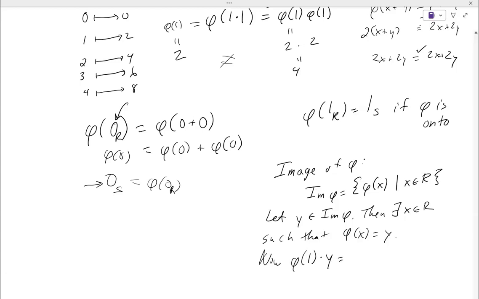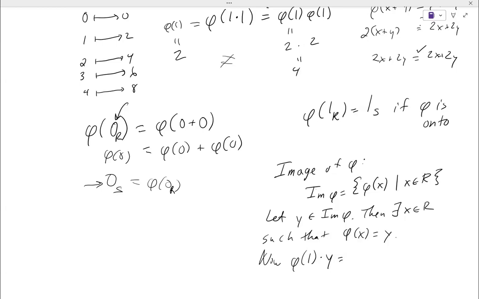I want to show that phi of 1 is the identity of the image. That's the idea here, right? I'm not saying that it has to be the identity of the codomain, but it does have to be the identity of the image. Okay? Well, what can we replace y with?